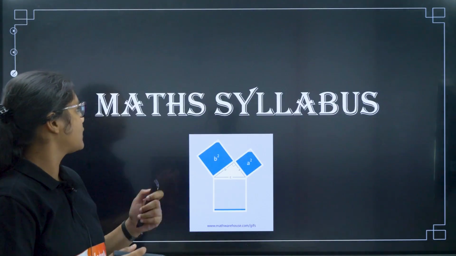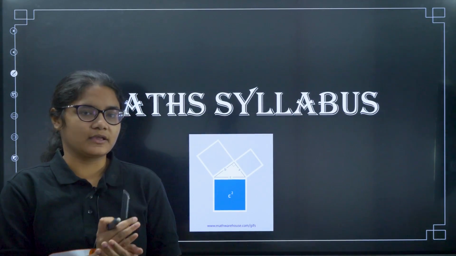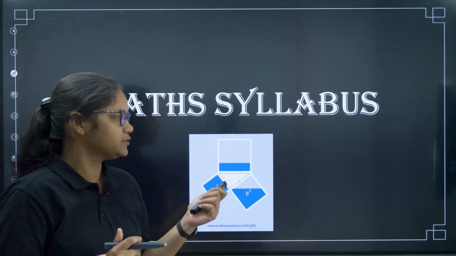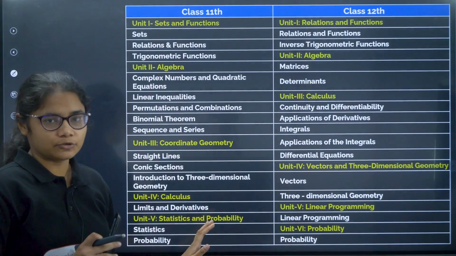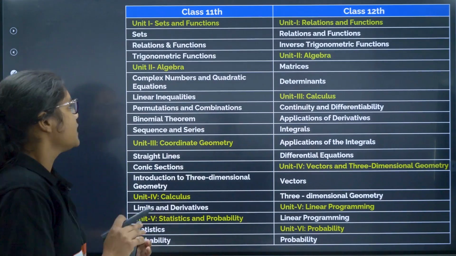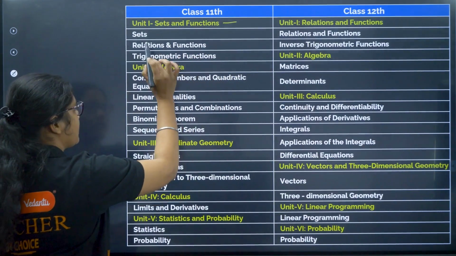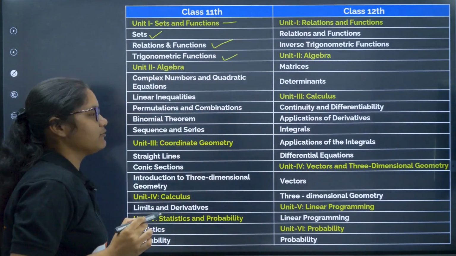Now coming to your exam syllabus. This syllabus has been given on the COMEDK website, so you can check there also. In the math syllabus we'll be discussing 11th class portions and 12th class portions. In 11th class portions, unit 1 is sets and functions, in that you have 3 chapters: sets, relations and functions, and trigonometric functions.